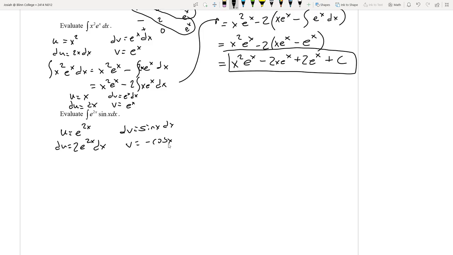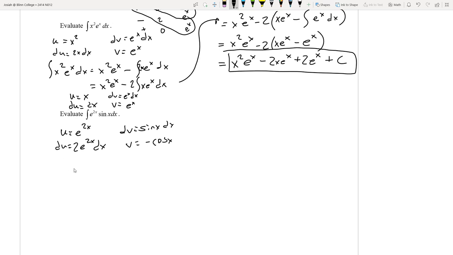And I advise you, whenever we're doing cosine and sine, just do the derivative. Make sure you can go back, from v to dv, just because I know that the negatives can sometimes be an issue. Should I have a negative? Should I not?